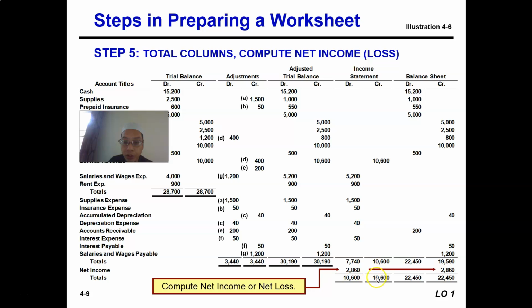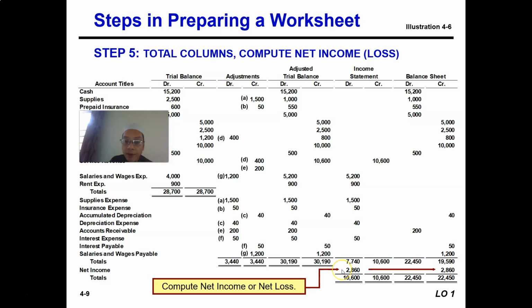Logically, the credit side refers to all of the revenues and the debit side refers to all the expenses, therefore, because revenue is higher than expenses, we are expecting a net income or profit. So that profit, the difference, we should enter here, so that when we total up, it becomes equal on the credit side and the debit side. The difference of 2,860 is due to net income.